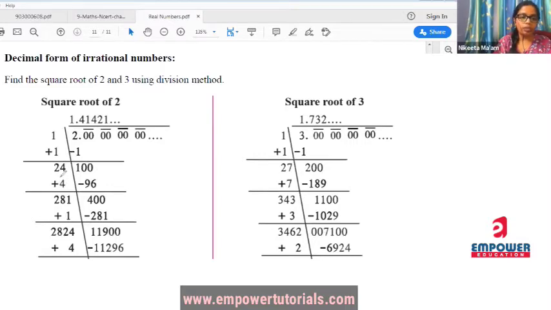Since we are multiplying by 4, we are writing 4 over here. Now 100 minus 96 will be 4, right? After getting 4, we are taking another set of 0s over here. Now we have to add this 24 plus 4, so that will be 28. Again, there will be a blank place over here.